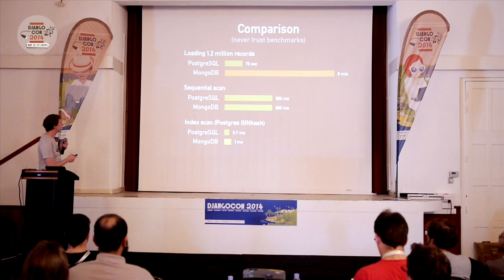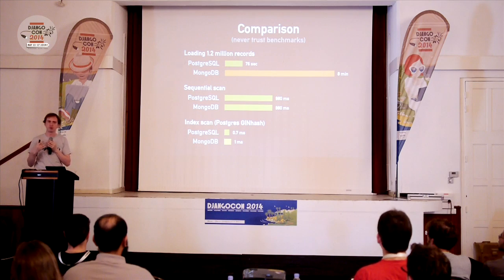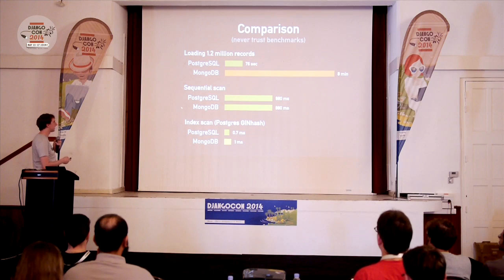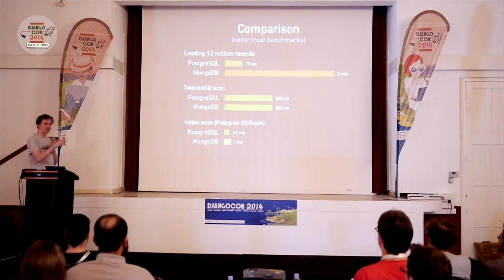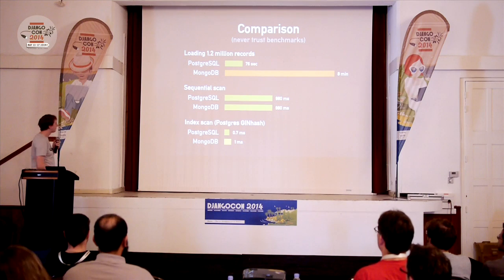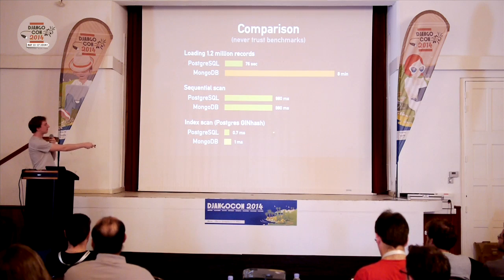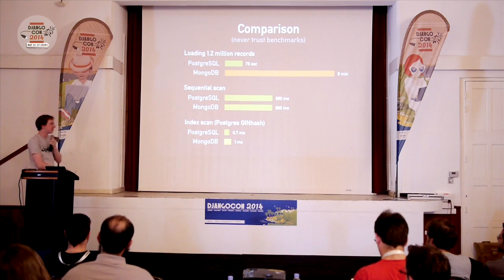As you can see here, Postgres is much faster at loading. That's expected, it's much more mature. Mongo is traditionally very slow at writes, and has very bad locking semantics. Sequential scan of the data is very comparable, since both Mongo and Postgres are just reading rows on disk. But down here, this is querying for all rows where some key has some value, and Postgres is actually faster, which is ridiculous, right?